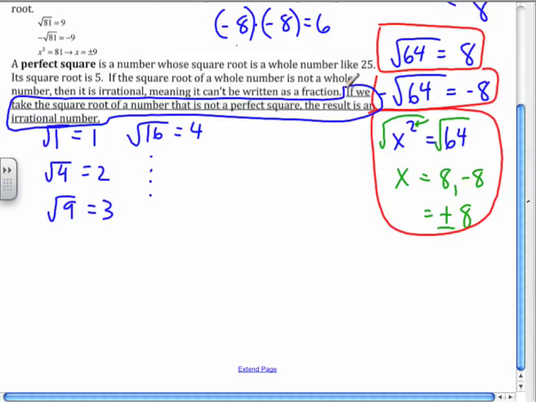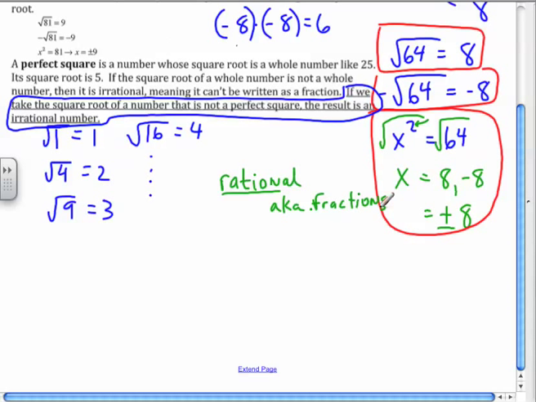Guys, remember, rational numbers can be written as ratios, otherwise known as fractions. An irrational number cannot be written as a fraction. That means there's no number divided by another number that gives us the value of that root.